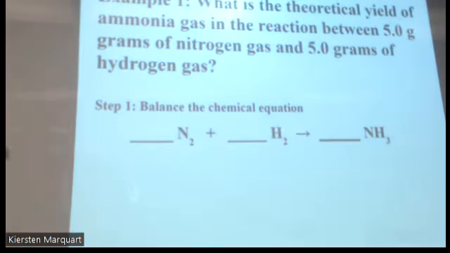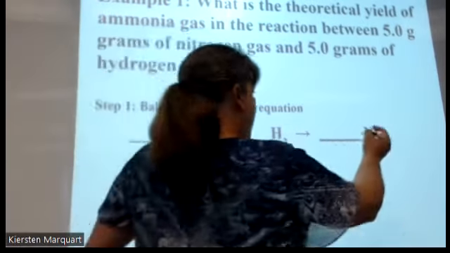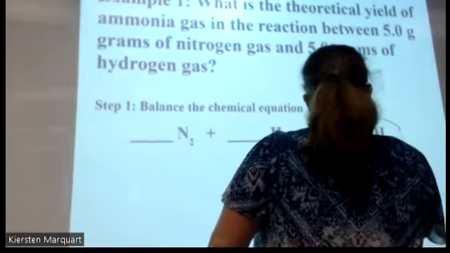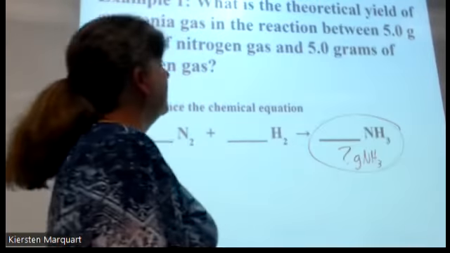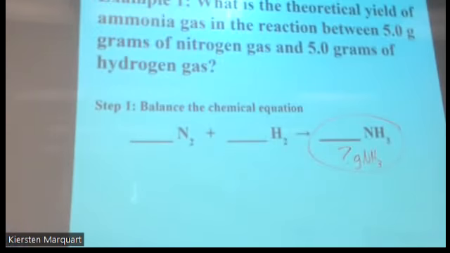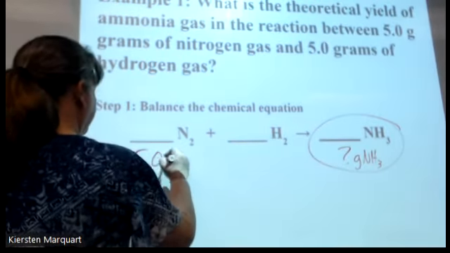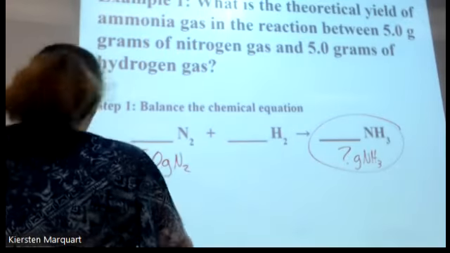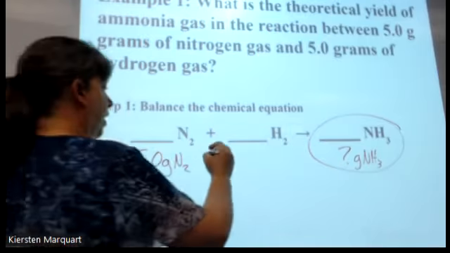So it says, what is the theoretical yield? Again, we're going to find how much product is formed of ammonia gas, which happens to be this. We're going to try to find how much ammonia gas is formed in the reaction between 5 grams of nitrogen gas and 5 grams of hydrogen gas.